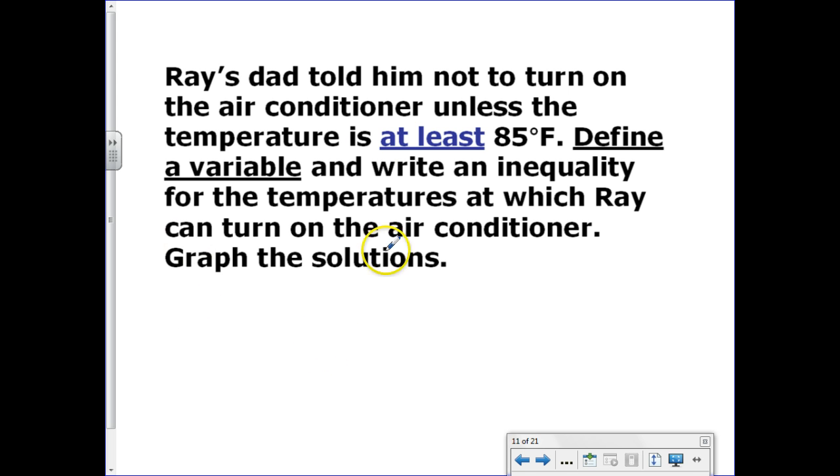All right, I'm talking about temperature. You pick a variable right now, and let's define what it's going to stand for. Now we're talking about temperature, so I'm going to use T. And I'm going to say T is going to represent temperature. Okay? Now, write an inequality that fits this situation. Well, T is my temperature.